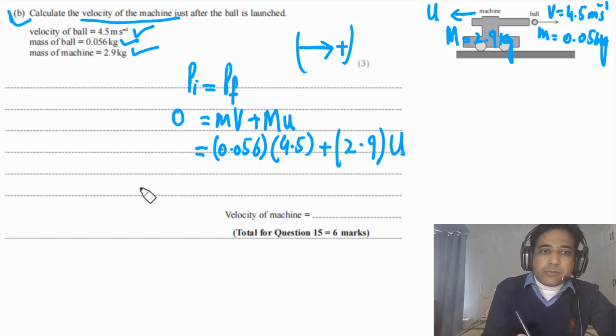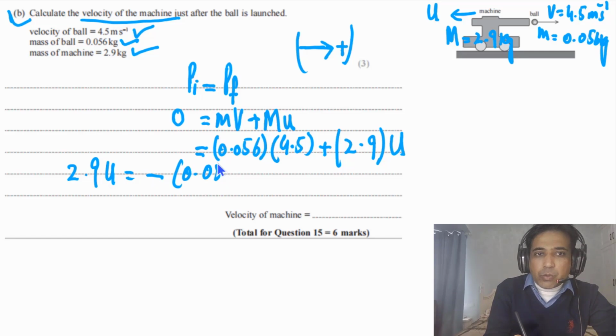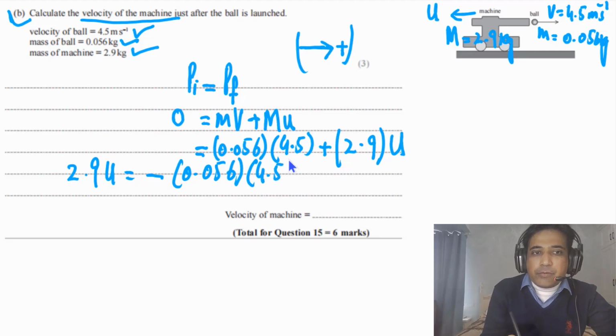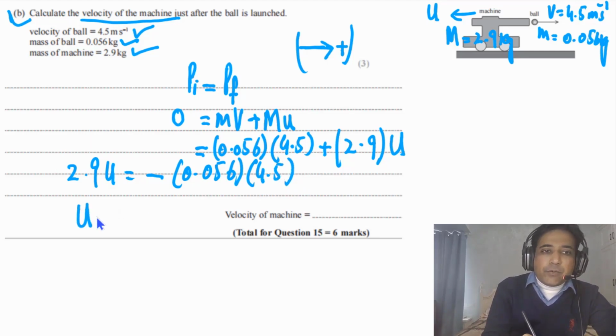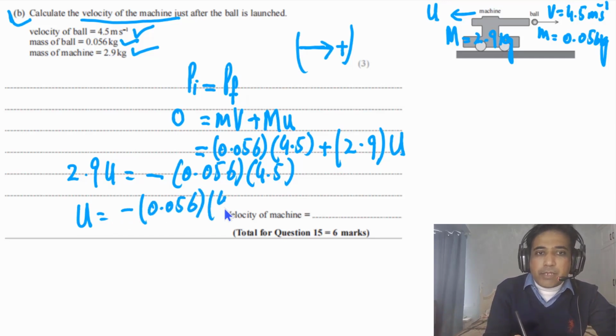We can take the ball term to the left side, so we can write 2.9 u equal to negative 0.056, since I have taken this one to the other side, multiplied by 4.5. We need to find the value of u, so it is negative 0.056 multiplied by 4.5 divided by 2.9.